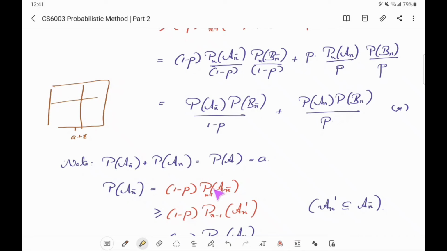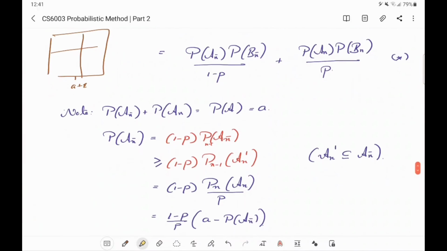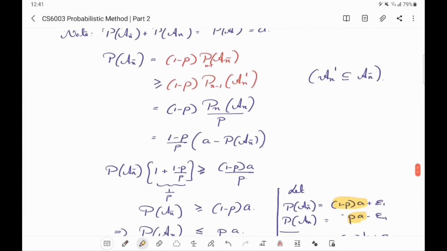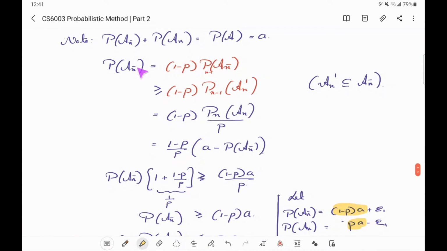But then you don't have A_N, so you'll have to talk about A_N prime. But you go down with this 1 minus p factor for this, and then use the inequality there, and you can actually conclude that P_N bar is greater than or equal to this quantity.